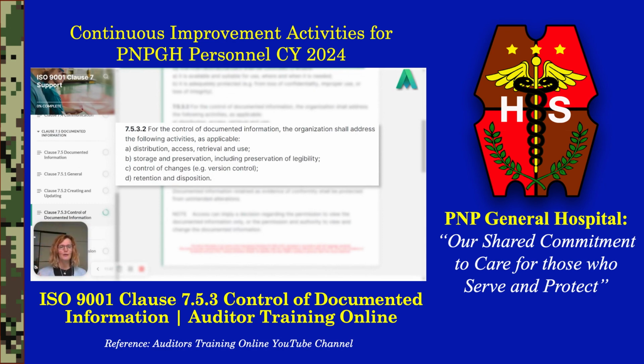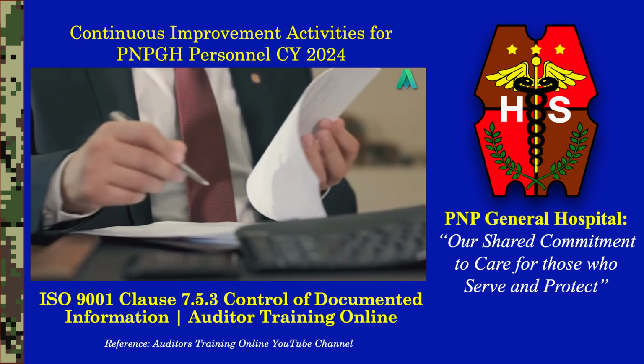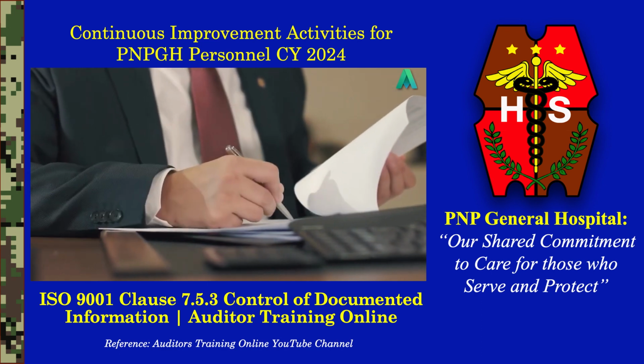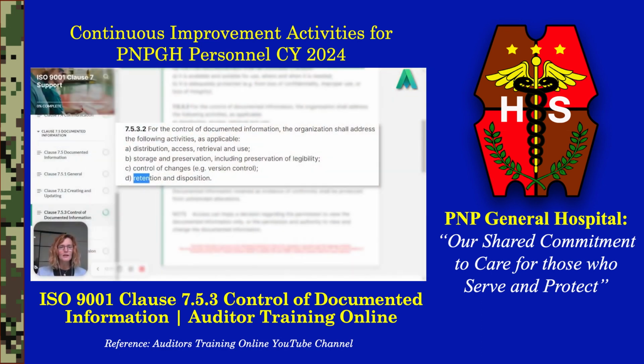Remember, when we talk about documented information, it's not just your procedures, maintaining documented information as procedures, it's also records and evidence. So it's important to have some sort of retention schedule, particularly with your records and evidence. Like, how long do you need to keep training records, for instance? You need that within your system or processes.